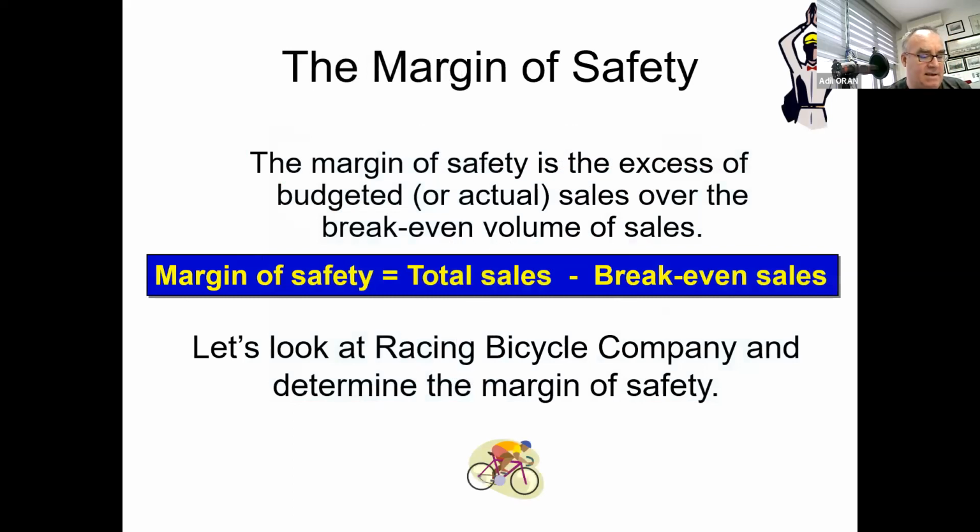And then the last thing we will talk about is the margin of safety. How happy am I? How much could sales go down and I would still not be losing money? The margin of safety is the excess of target sales above break-even. So it is basically your current sales level minus how much you would have to sell to just break even.